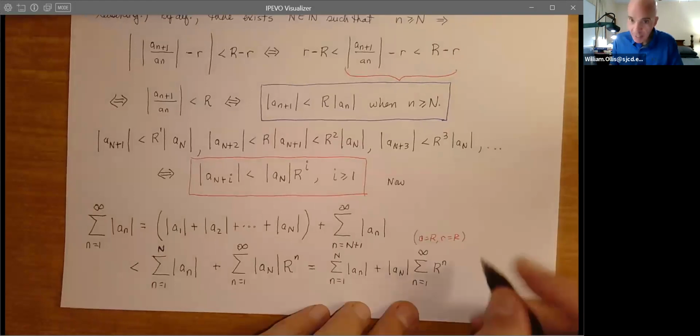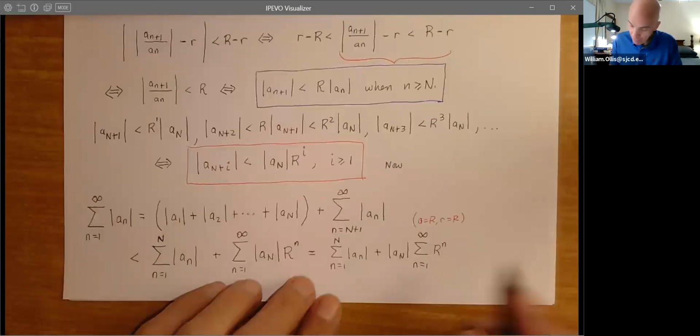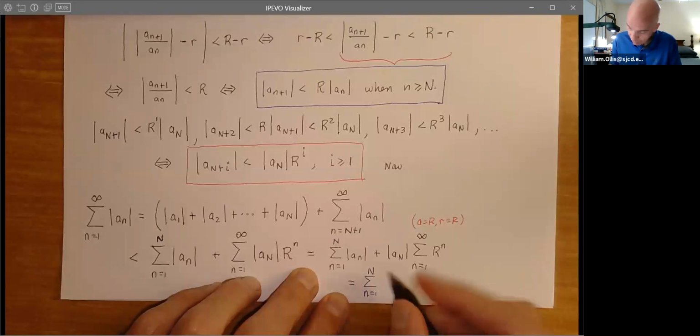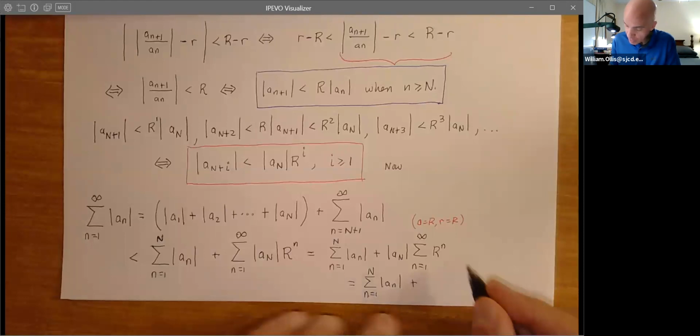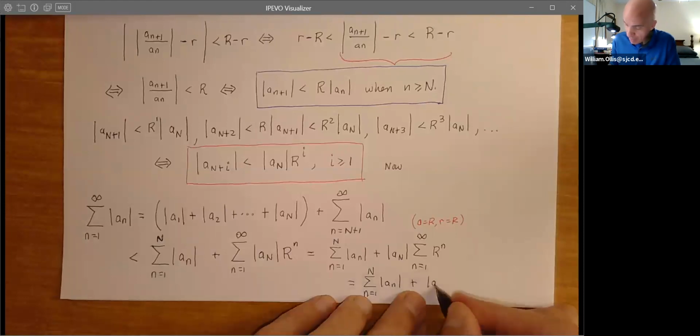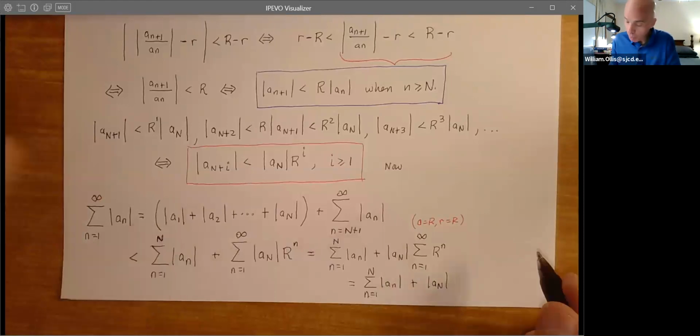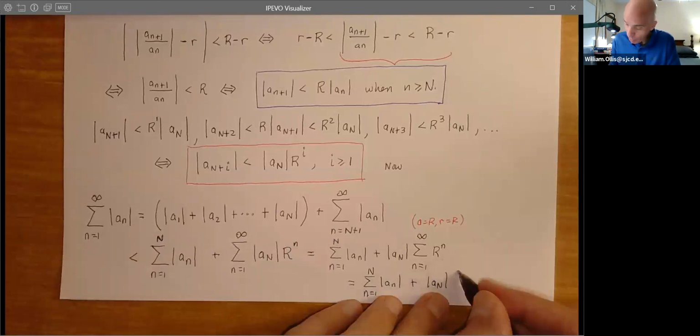So in this case, this equals this number here, that finite sum, which is clearly convergent, plus, and now the sum of this will just be a divided by 1 minus r. So this would be r times 1 minus r.